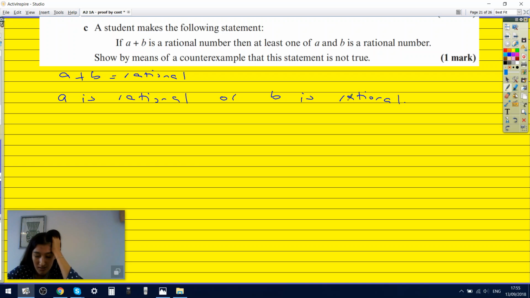So one is positive and one is negative. I didn't even think about that. Okay, so one of them has to be a negative number. That's how it works. So A or B is negative. There you go. Okay, so give me another example then. Let me check on my calculator before I tell you, just in case.